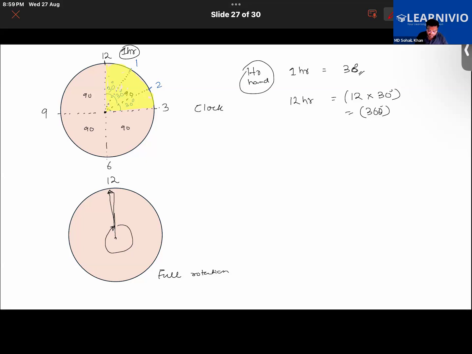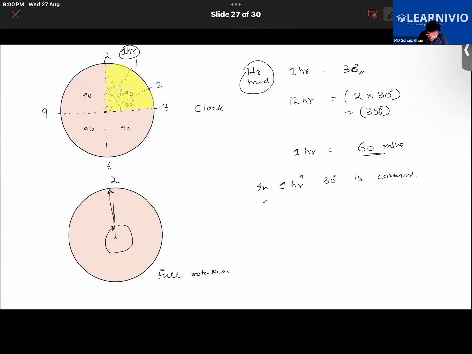Now you know that 1 hour means 60 minutes. Further, in 1 hour, a 30 degree angle is covered.